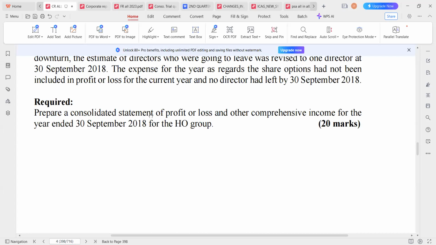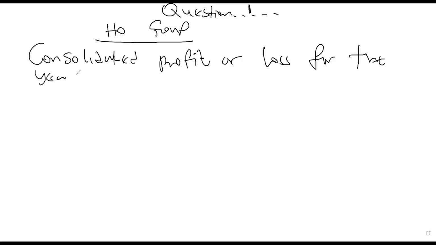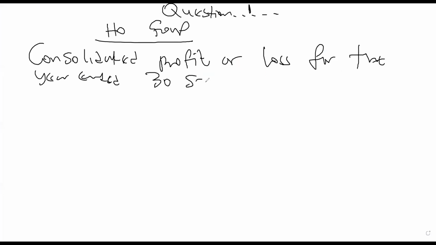Consolidated statement of profit or loss for the year ended 30th September 2018. Then you check the reporting currency.